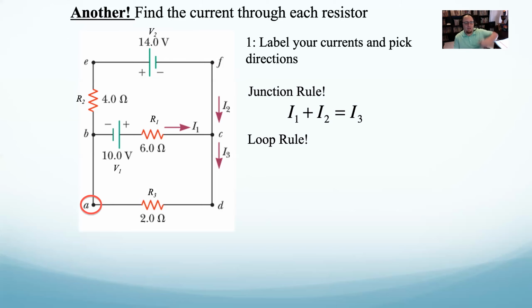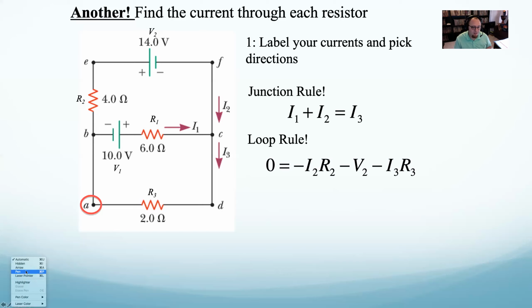Now, when I go around that loop, I start by going up on I2, R2. And as I go up I2, R2, I'm going in the same direction as I2, so it's going to be negative. Then I go over this battery. I'm going from positive to negative.